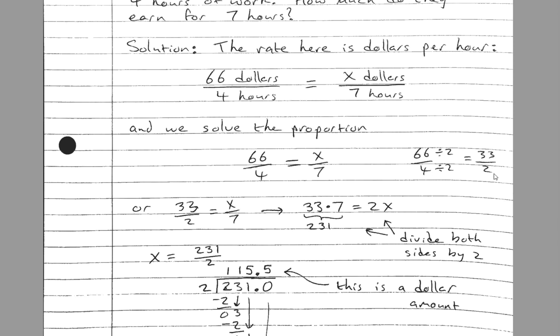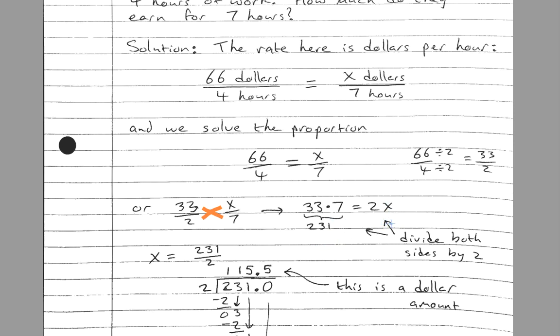That's 33 over 2 equals x over 7. Set the cross products equal. 33 times 7 equals 2 times x. What's that? 231. So 231 is equal to 2 times x.